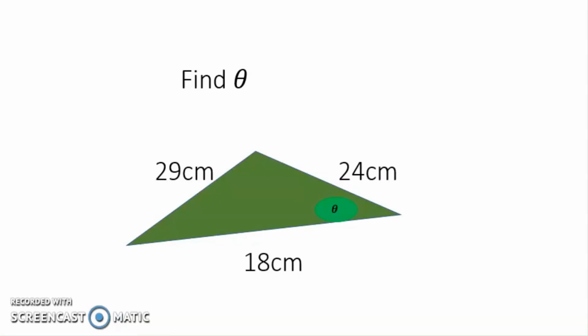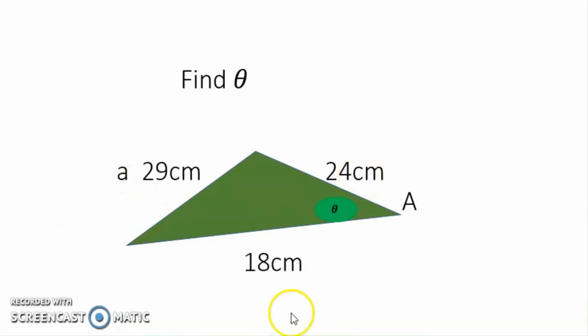You can pause the video and try this problem. Okay, let's look at it now. The first thing you do is label the angle you are looking for, capital letter A. Then the side opposite it, you label small letter a.